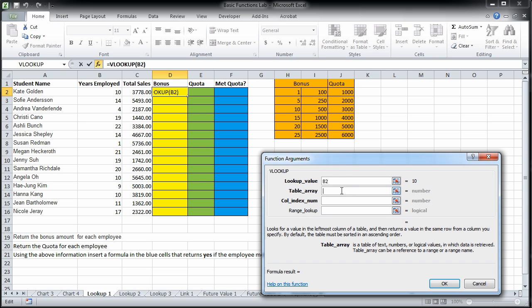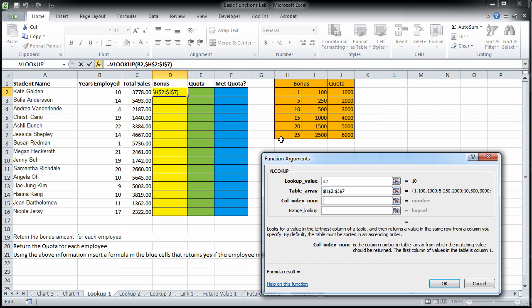From here, we want the table array, which is the table where we want to look up our values. Now, what we need to do here is make this absolute. We need to make sure that the table absolutely and always stays as H2 through J7. So I'll make it absolute. Now the column index is the column in the table array from which the matching value should be returned.